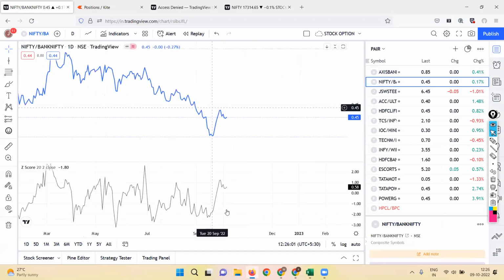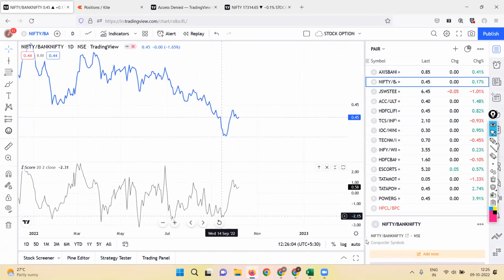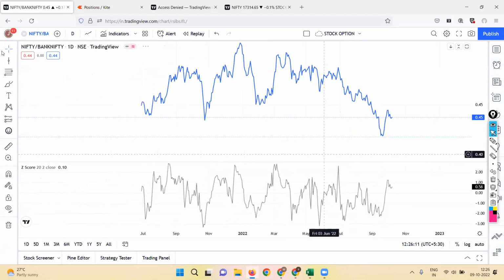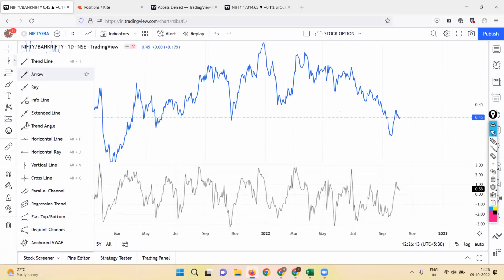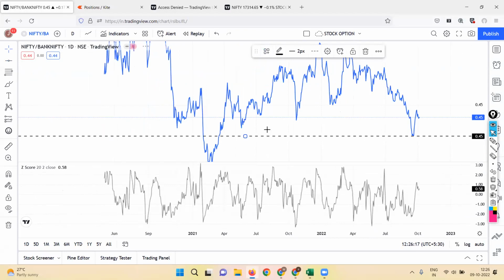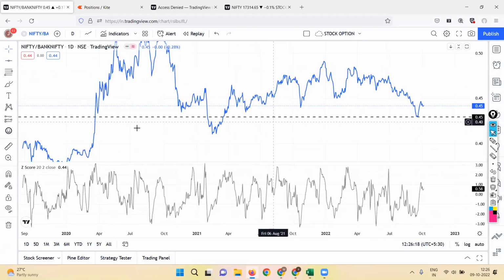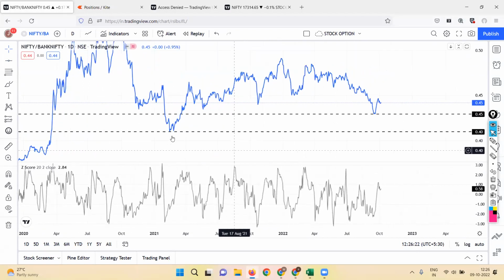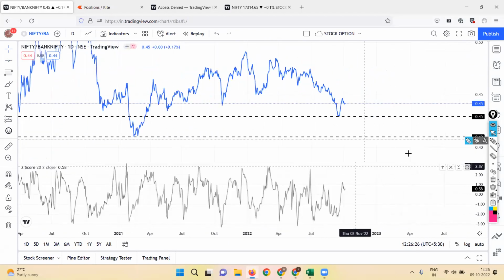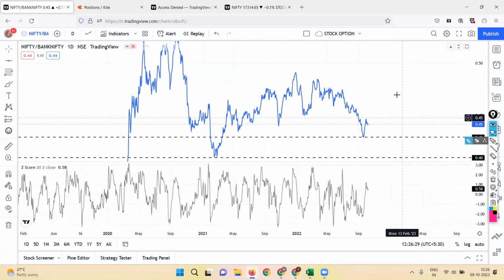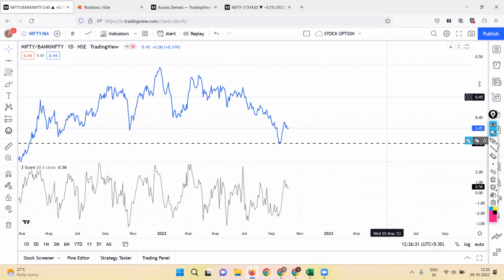So here is the Z score on 20th September. Previously this is the second opportunity; if in future it touches this level, buy the Bank Nifty and short the Nifty, or sell the Bank Nifty.